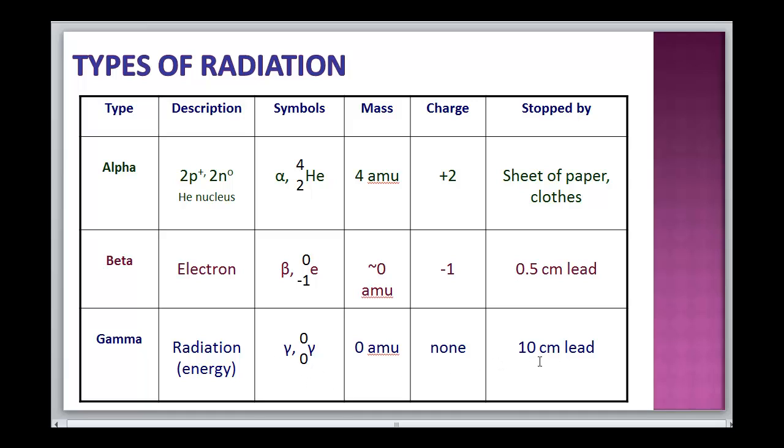You can see that we've increased the size of the lead here. This is relatively thick if you take out a ruler and look at what 10 centimeters looks like. This is a sizable or a pretty powerful form of energy that can be emitted from decaying radioactive material.